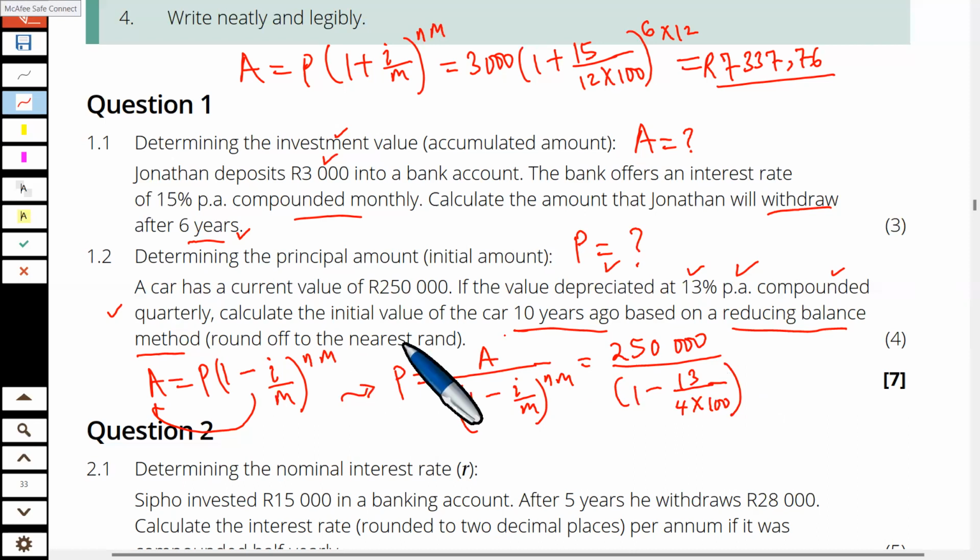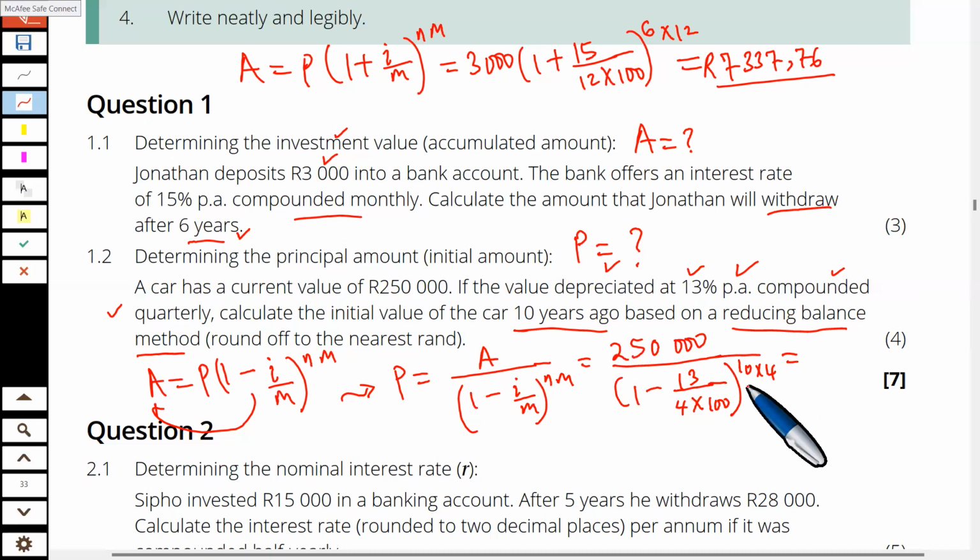Raised to the power, how many years are these? 10 years, but by 4 quarters. 10 years by 4, and then you get the result. So if you do this, you'd get actually the result.